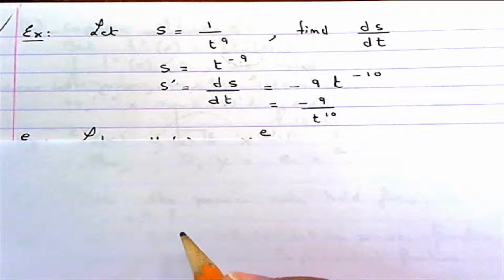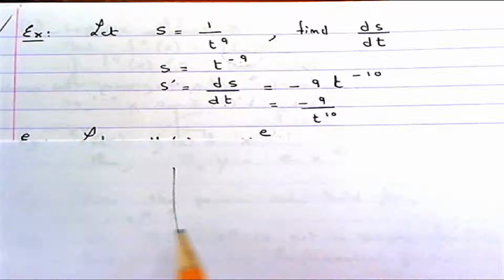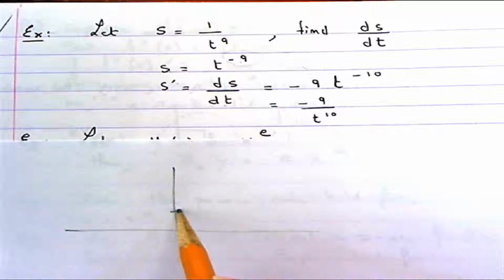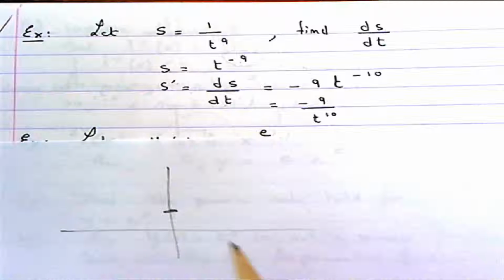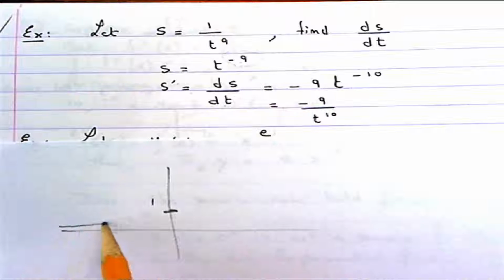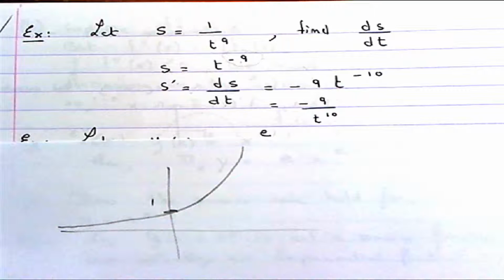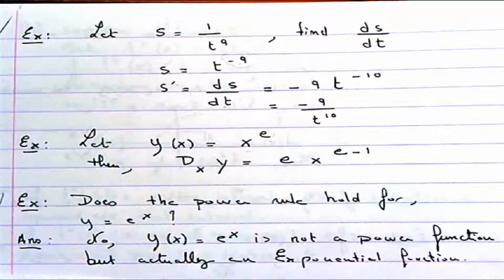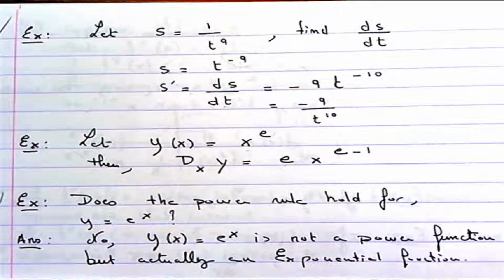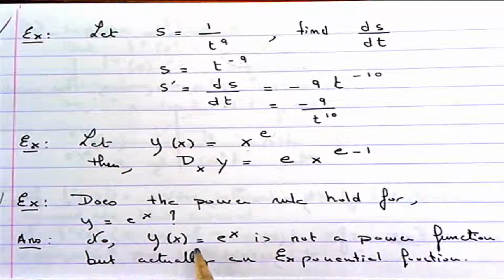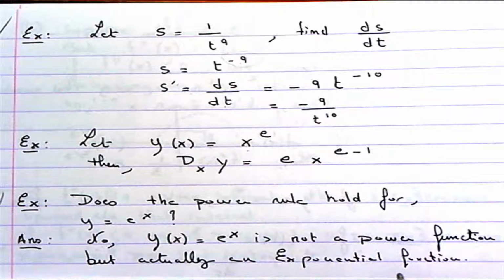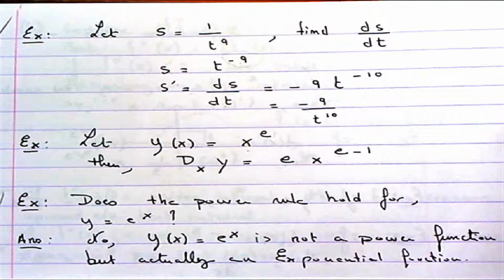Can somebody help me out? The exponential passes through 1 and goes something like this, shoots up like this. It should be steeper, but here we go. It is a function, people. So we say no: y equal to e to the x is not a power function, but actually an exponential function. Okay, so let's be aware of the following.